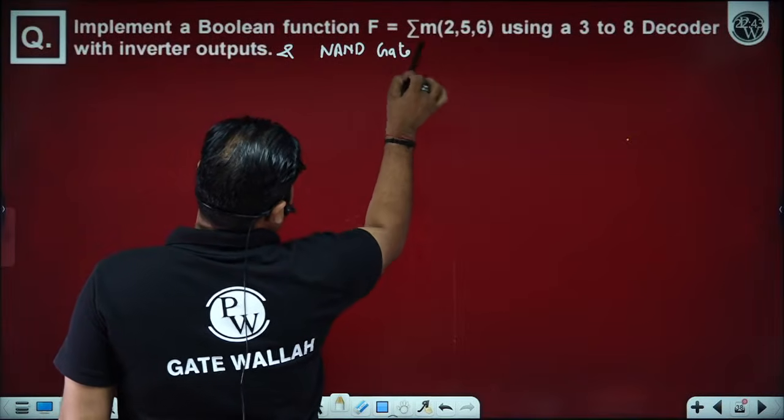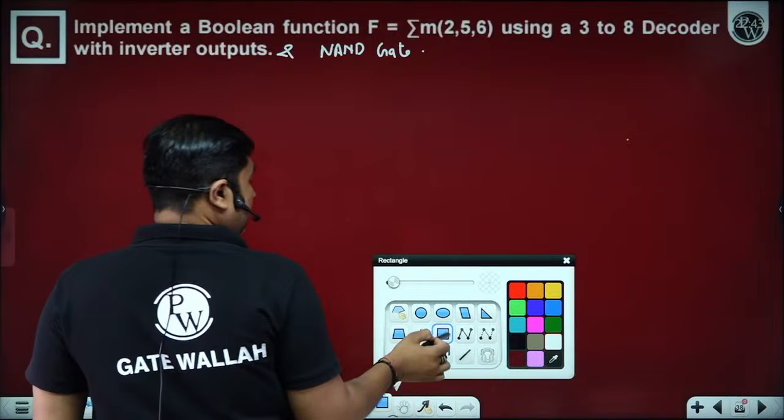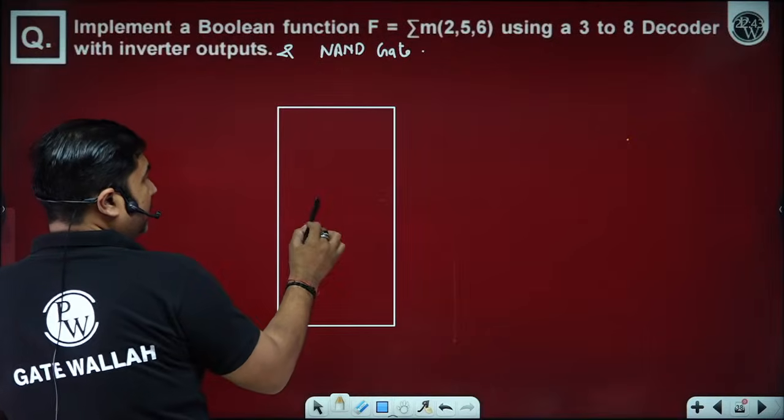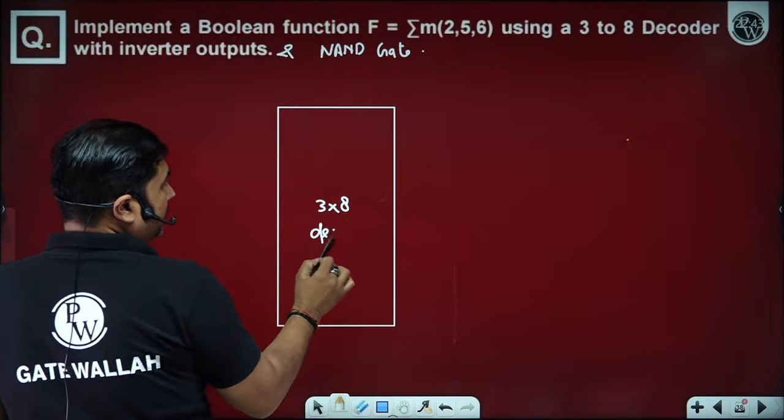So can you implement? Yes, sir. Very easy, sir. We can do the implementation of the 3x8 decoder.